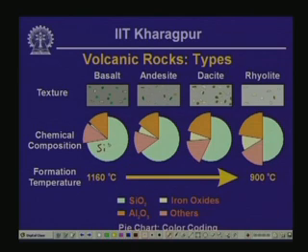So, this color represents the silica percentage, and that also actually varies over a very wide margin.